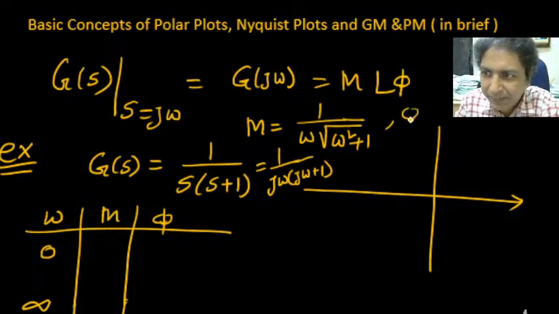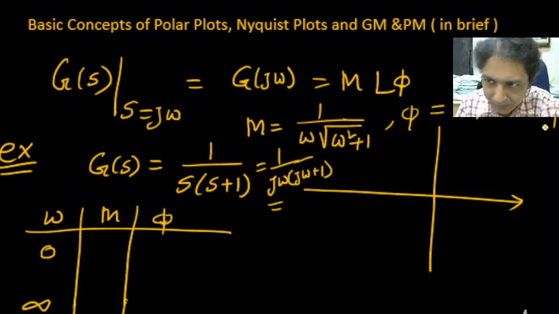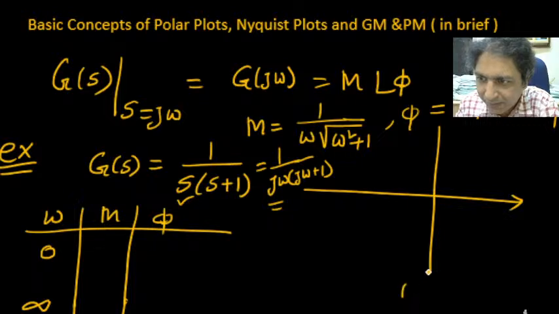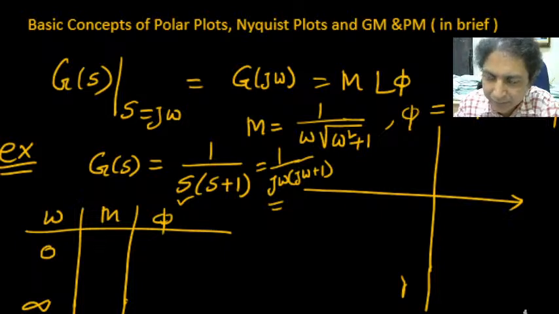And what is the phase? Phase is, the j omega in the denominator will give you minus 90 degree, and this another pole will give you minus tan inverse omega by 1. Okay. So you can note that as there is one pole at the origin, it will start from minus 90 degree, and at omega equal to infinity, total phase will be minus 180 degree.